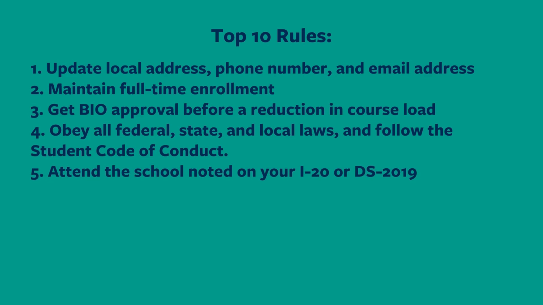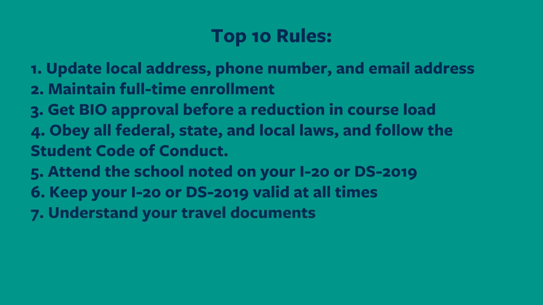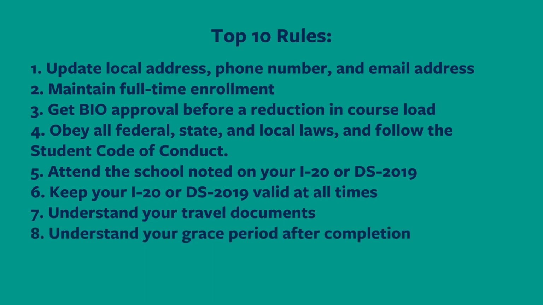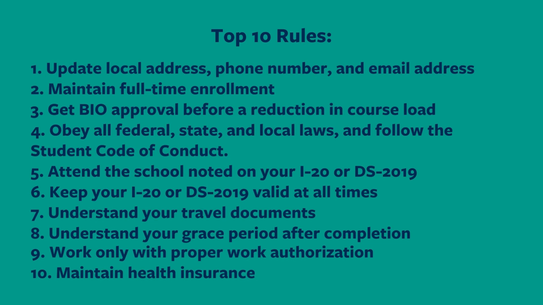Attend the school noted on your I-20 or DS-2019. Keep your I-20 or DS-2019 valid at all times and understand your completion date. Understand your travel documents. Understand your grace period after completion. Work only with proper employment authorization. Maintain health insurance throughout your program.